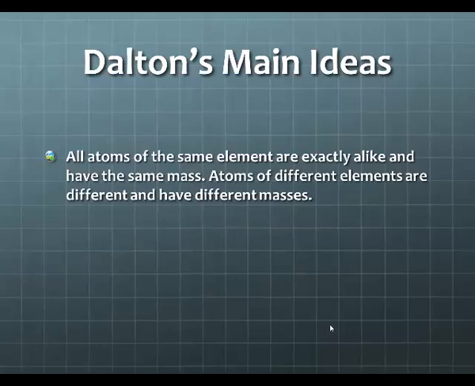Atoms of different elements are different and have different masses. So all of the hydrogen atoms would have the same mass. They would be the same size. All the carbon atoms would be the same size. A carbon atom would have a different mass from a hydrogen atom or an oxygen atom or a nitrogen atom.